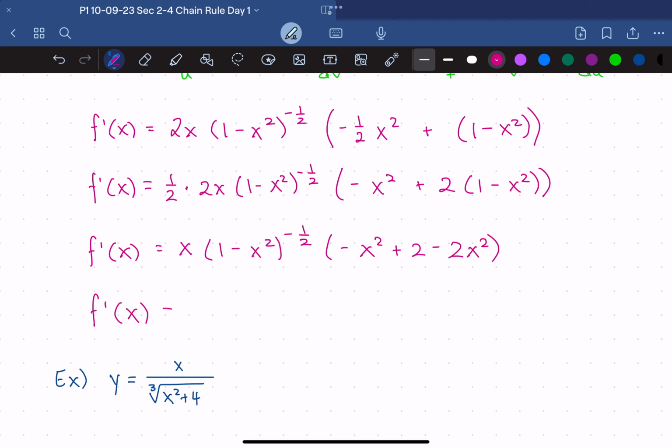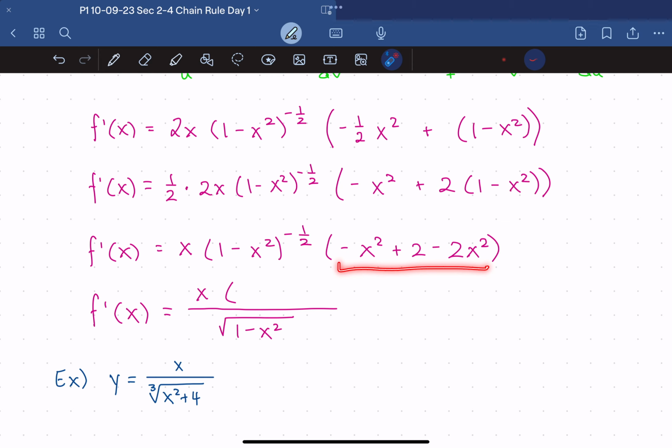I'm going to write it as a fraction now. So I have an x, I have 1 minus x squared in the denominator inside a square root. And inside those parentheses, that all simplifies to 2 minus 3x squared. And there's my answer.